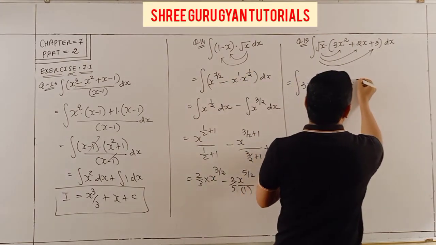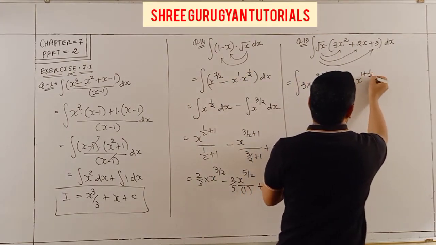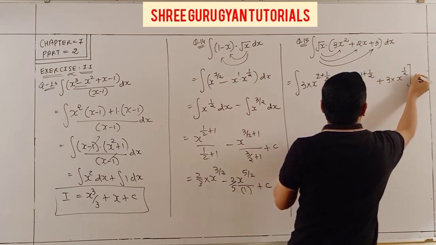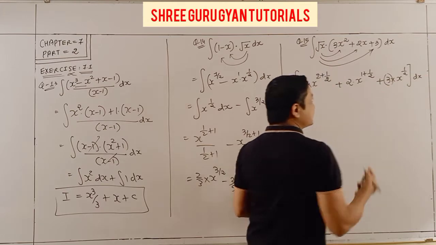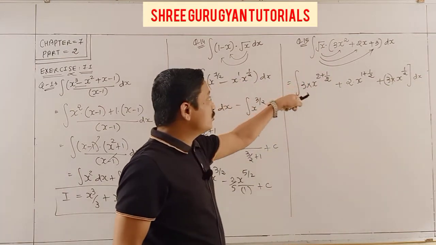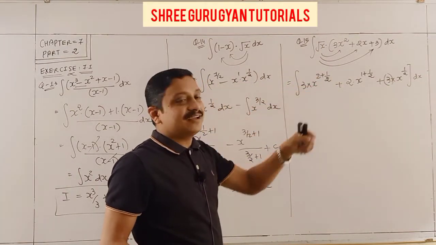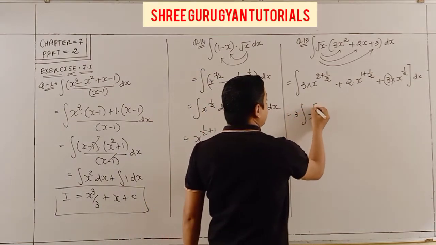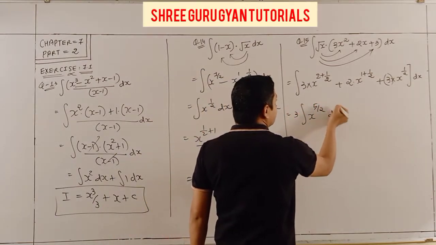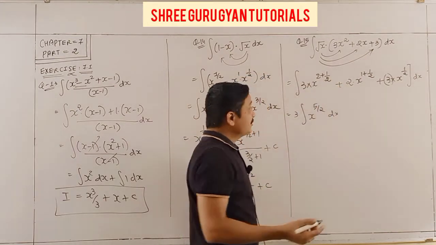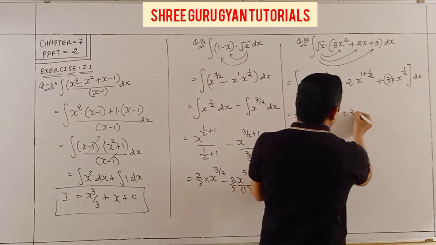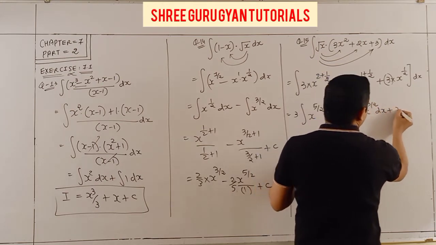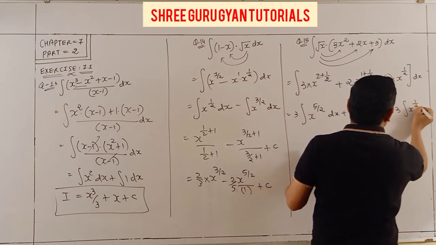Continue, 2 times 1 with half power, and 3 x raised to half power dx, as it is. I multiply 2 plus half, 1 plus half, and 3x raised to half. So 5 by 2, 2 and a half become 5 by 2. Same here, x raised to 3 by 2, and same x raised to half dx.